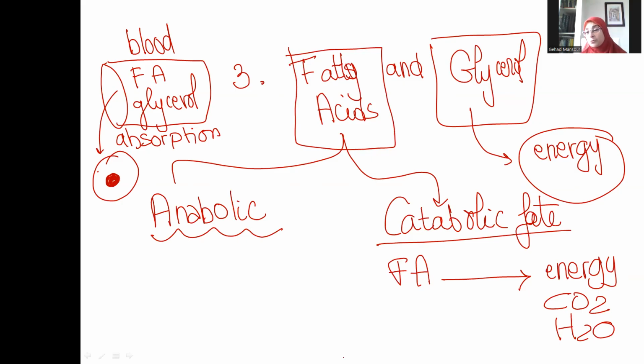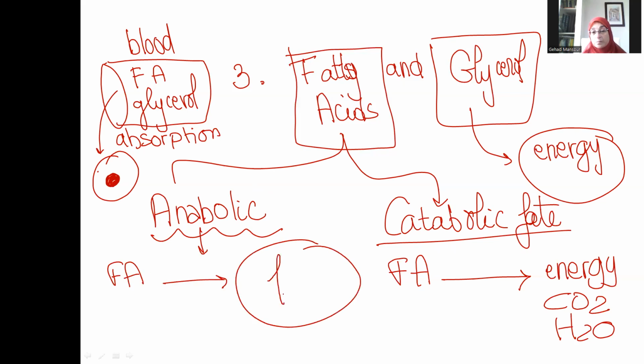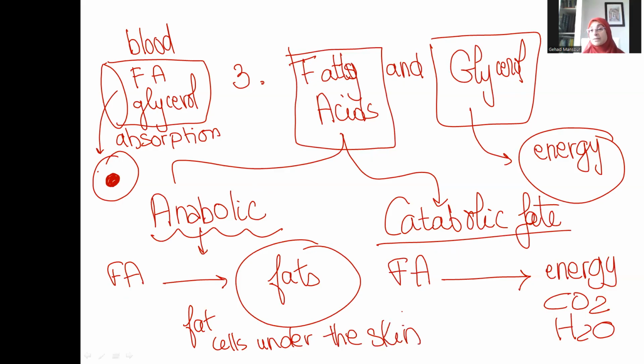And then when all these sources of glucose are exhausted, you start breaking down or oxidizing fatty acids in the presence of oxygen. But the other phase is an anabolic phase, meaning that you take the fatty acids again and you build up big molecules of fats, and this occurs in fat cells under the skin, and this results in increased weight. So this is the fate of the fatty acids.